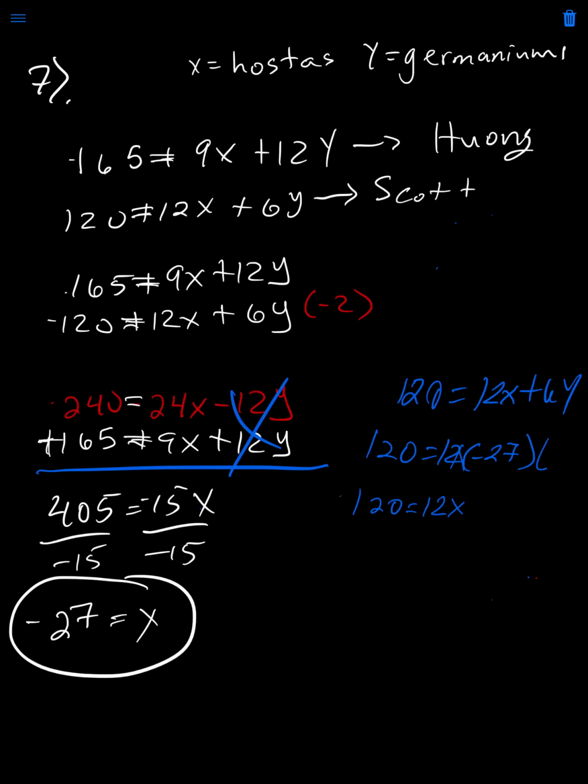That's still not right. That's 12x, and that's supposed to be times 6. So I'm going to do 6 times negative 27, which gives me negative 162. I'm going to add 162 on both sides, so that's 282. 282 divided by 12.